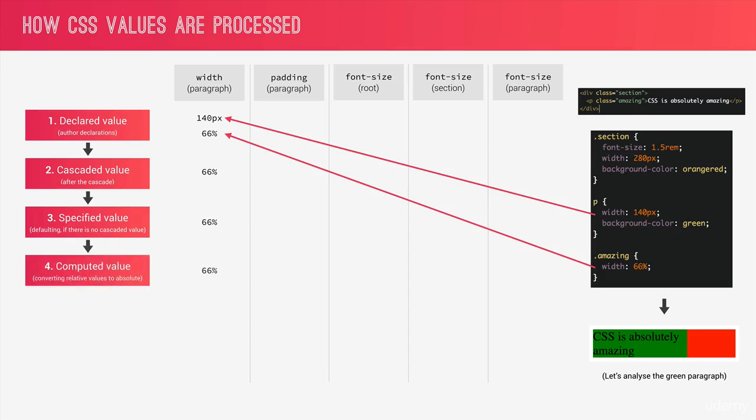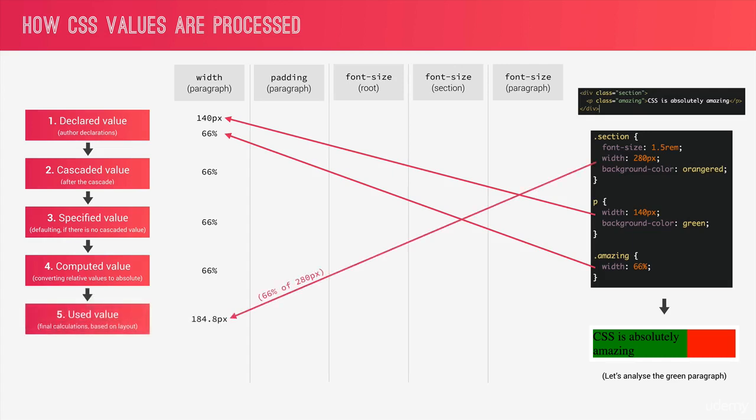In this step, values with relative units are converted to pixels, so that they can be inherited, but more on inheritance later. Also, CSS keywords like orange, auto, bolder, and a lot more are computed and replaced here in this step. Here in this case we have a percentage value, which is technically not a unit, and so nothing happens in this step.